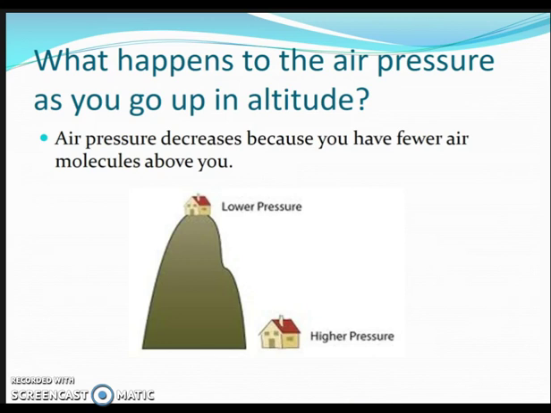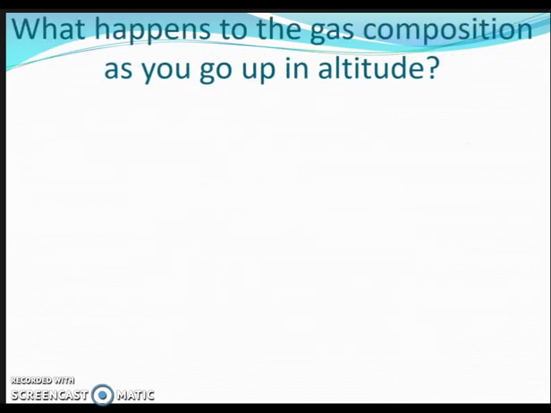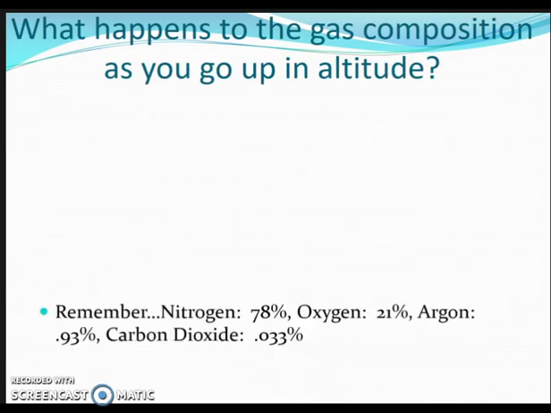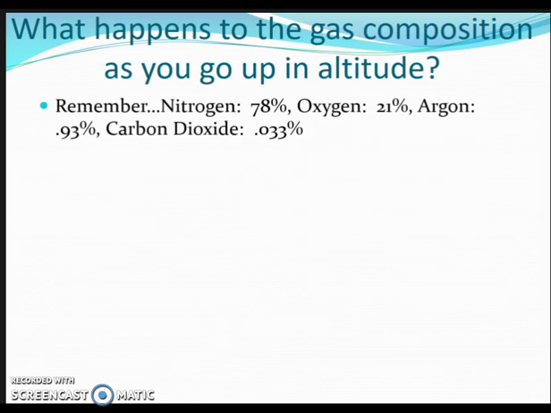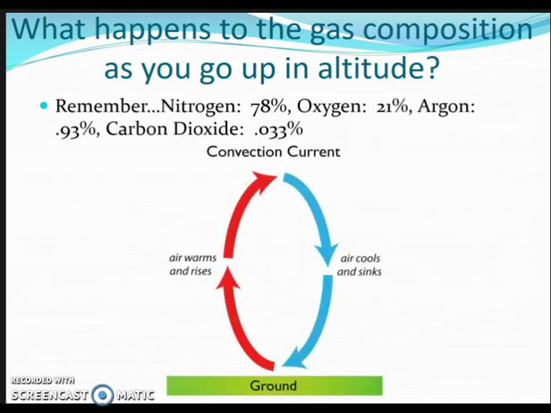So the last one we need to talk about, what happens to the gas composition as you go up in altitude? When we mean gas composition, we mean that mixture of nitrogen, oxygen, argon, and carbon dioxide. Does that mixture change as we go up in altitude? Another little image that we can look at right here is these convection currents. If you're down here at the ground, we always know that hot air rises.